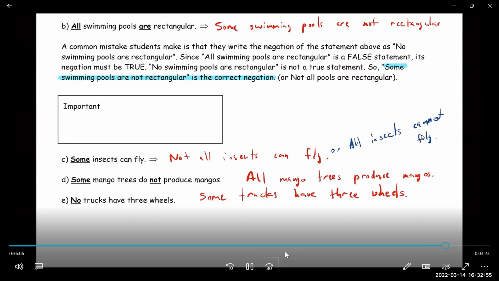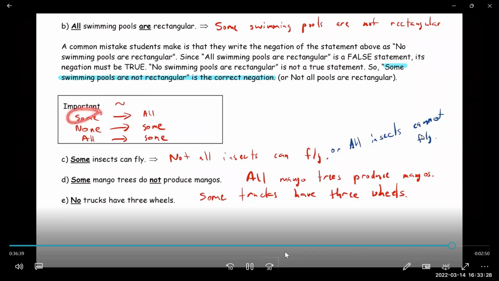Okay, so let's see. If you negate some, that becomes all. None or no would become some.